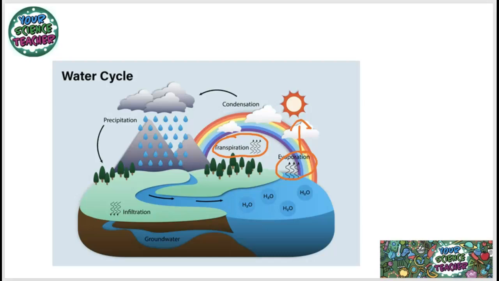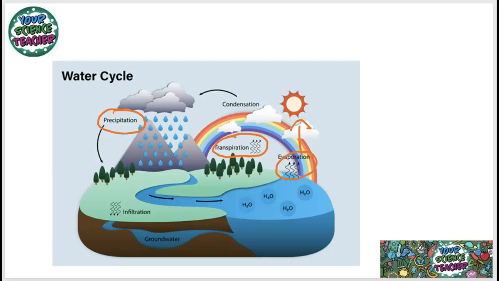And then once our water has evaporated, it will rise into our atmosphere until it starts to cool. And when it is cooled significantly enough, we get precipitation. Precipitation is when water condenses and it rains down onto our ground.